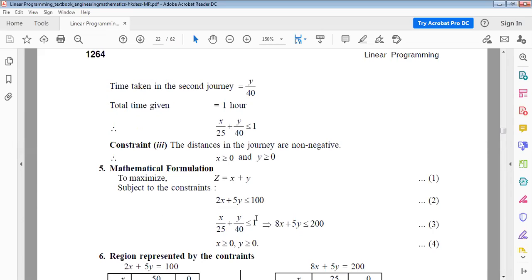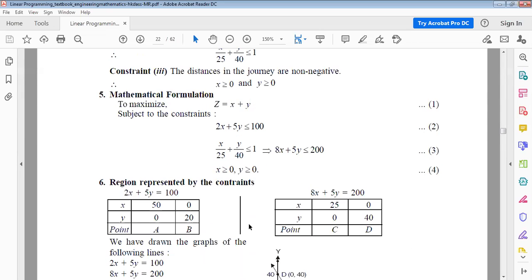And the time taken cannot exceed 1 hour. So these can be written like this. This is the objective function, equations 1, 2 and 3 are the constraints, and equation 4 is the non-negativity restriction. Now let us try to solve this graphically.